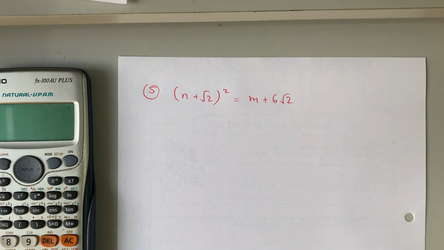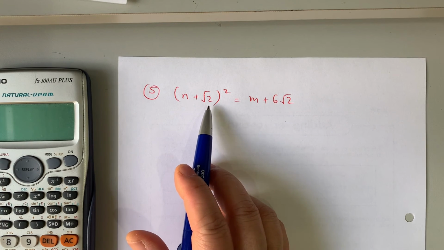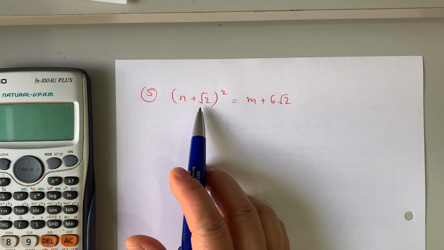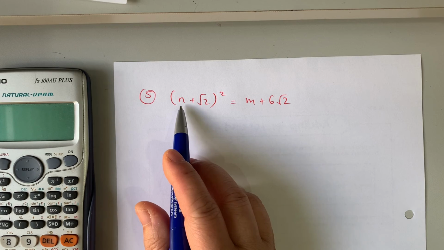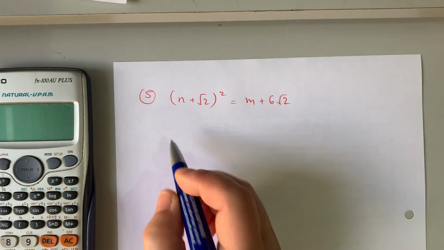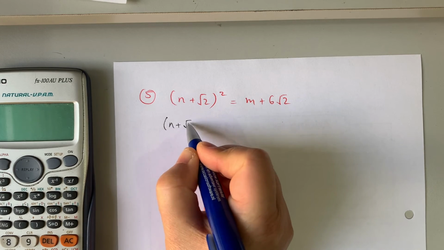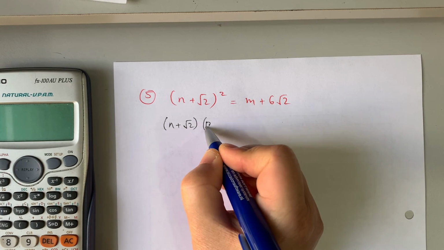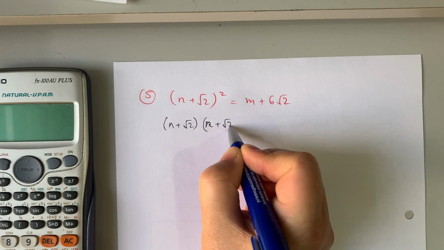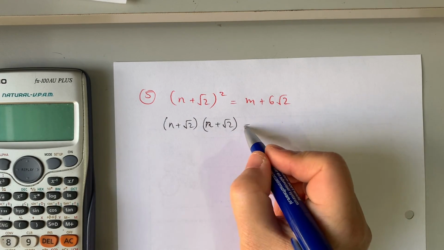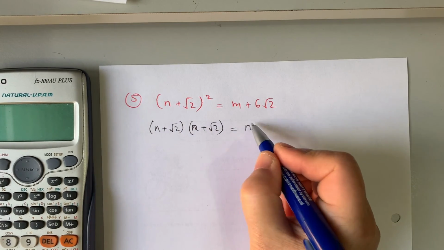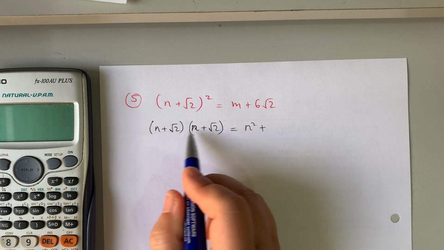Example number 5. Now, similar to example 4, we have to square that perfect square expression. Now, when you square, so we get n squared plus root 2. I'll just write that out. Oops, n plus root 2. So when we square this, we will get n squared plus, I'll go through this in one step.